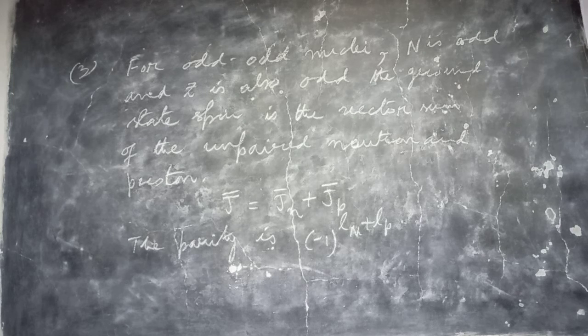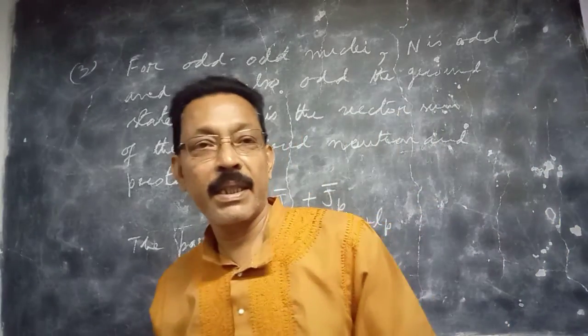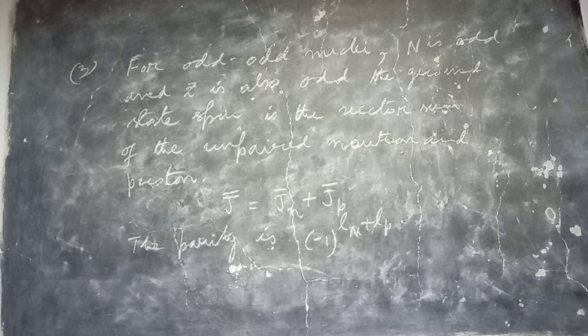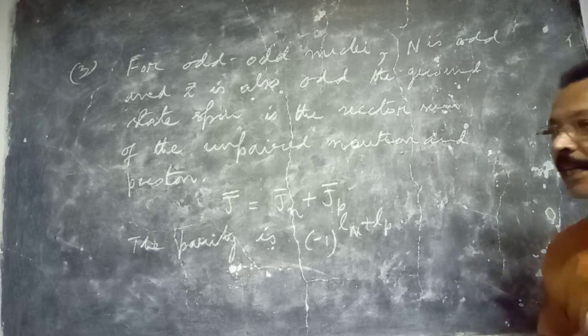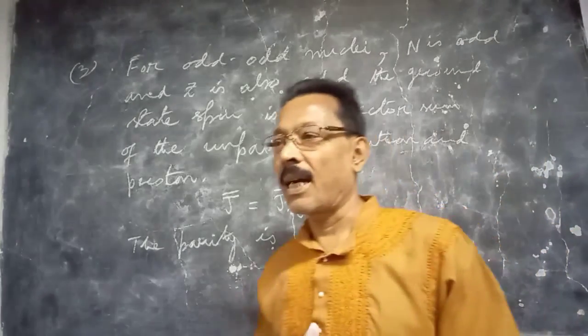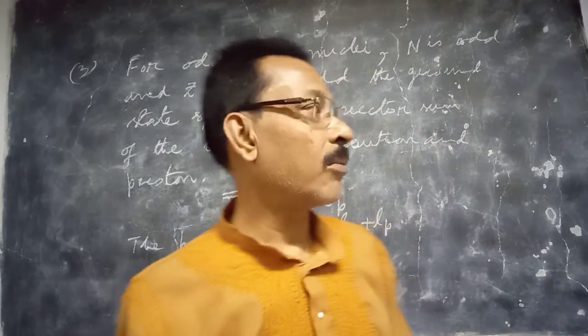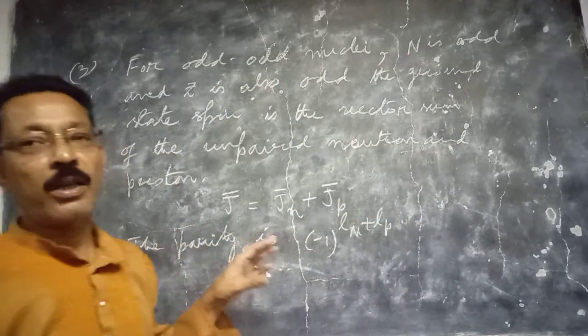Why is it not reproduced? Because the shell model is completely based on a spherically symmetric potential. The harmonic oscillator or square well have spherical symmetry. But the nuclei which have a large quadrupole moment, that is, large deviation from spherical symmetry, for those the shell model predictions are not correct.